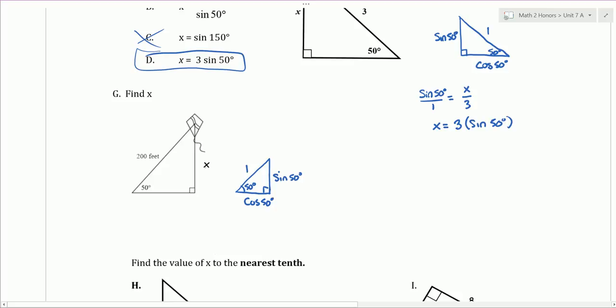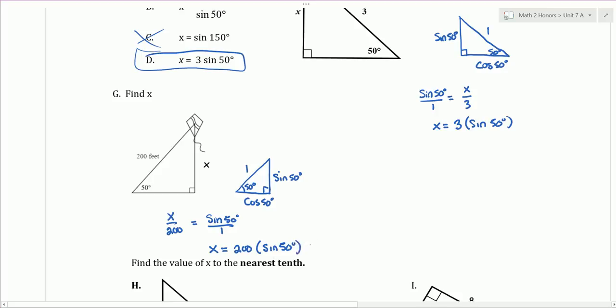And I want to solve for x. So x over 200 is going to equal sine of 50 over 1. If I cross multiply, I get x is equal to 200 times the sine of 50.